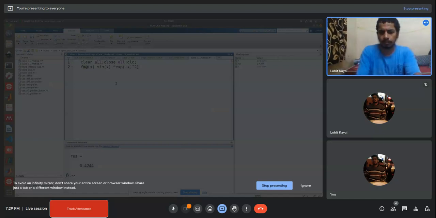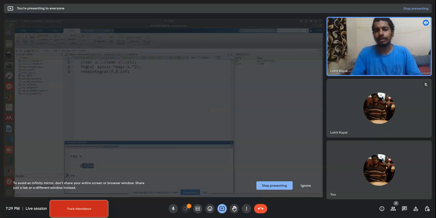Now res is equal to integral f 0 inf. Let's check it. Yeah, you can see that the numerical integration is also giving you exactly the same answer.